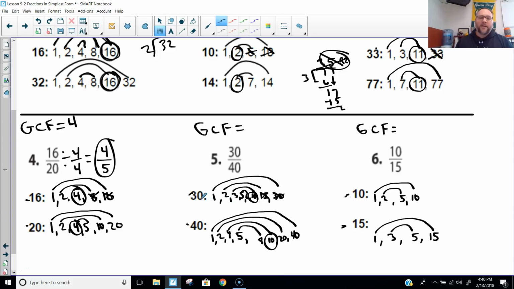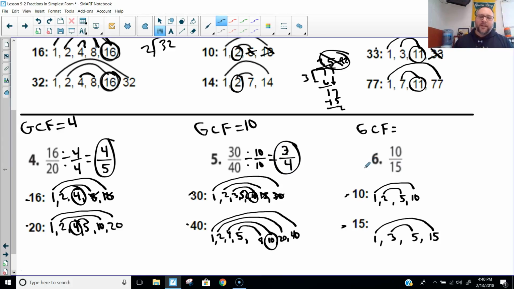So my greatest common factor for 30 and 40 is 10, which means I will divide both the 30 and the 40 by 10, which is 10/10ths. 30 divided by 10 is 3. 40 divided by 10 is 4. My fraction in simplest form is 3/4.